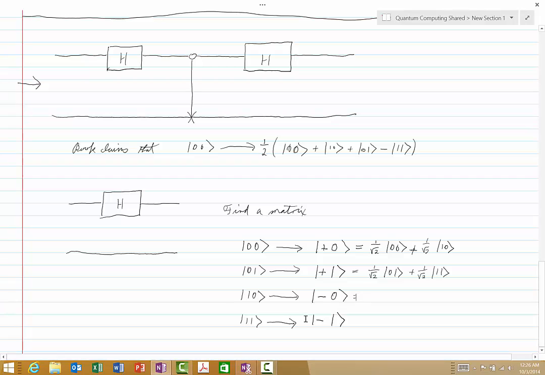Now remember that the minus in the Hadamard basis means 1 over square root of 2 times the 0 ket minus 1 over square root of 2 times the 1 ket. So we'll have 1 over square root of 2, 00, minus 1 over square root of 2, 10.